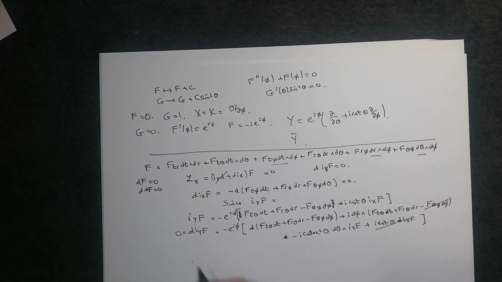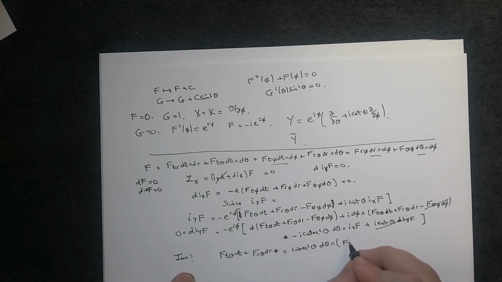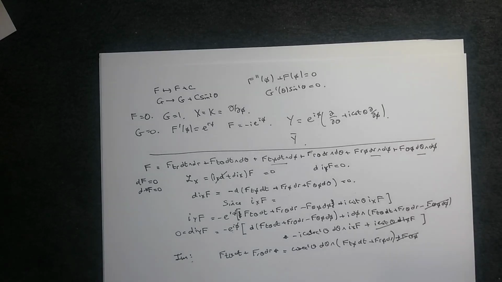So, taking the imaginary part, multiply it by e to the minus iφ and then take the imaginary part, tells me that F_tθ dt plus F_rθ dr is equal to cosec squared θ dθ wedge i_x F, F_tφ dt plus F_rφ dr plus F_θφ dθ, which we don't worry about because it's a dθ plus dθ term.